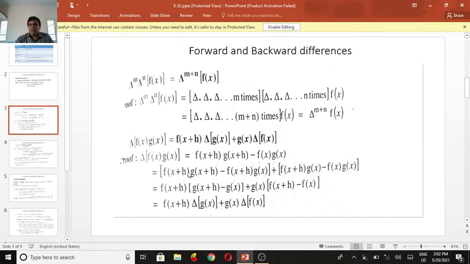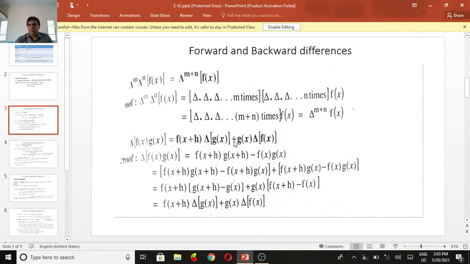Then we take f of x plus h as common in the first two terms, giving f of x plus h times g of x plus h minus g of x. In the second term we take g of x as common, giving g of x times f of x plus h minus f of x. By definition, g of x plus h minus g of x is del g of x, and f of x plus h minus f of x is del f of x.